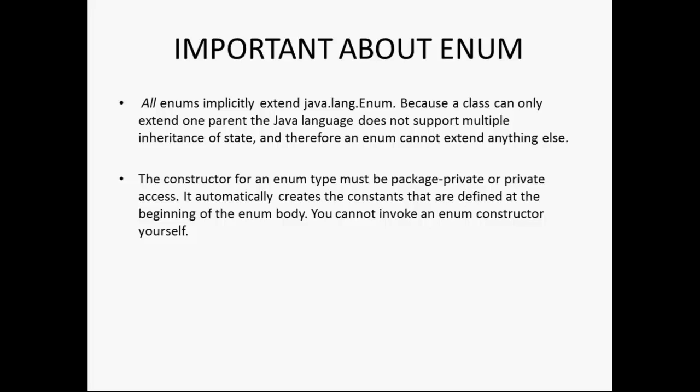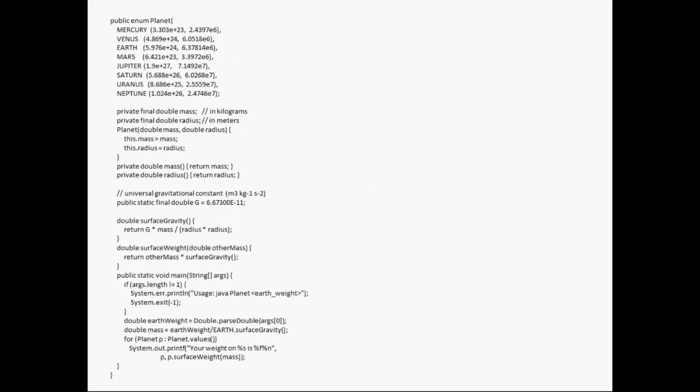You can see here how we are declaring the constants inside Planet. Once the declaration of the constants is over, you must end it with a semicolon, as done here. After that, mass and radius are declared, and here one constructor is there, with double mass, double radius, and this.mass, this.radius.